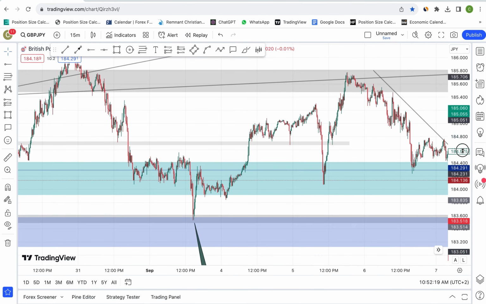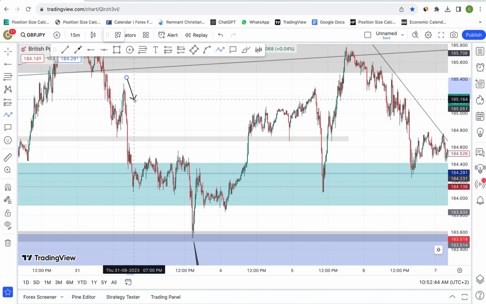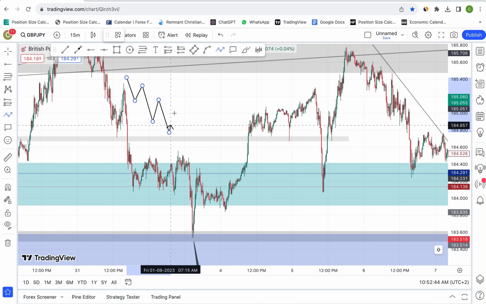On the 15-minute time frame, you can see that we have a pattern which I normally told you is what I trade. This is how I take my trade. When I see a trade going on a lower low and a lower high, a lower low and a lower high, yeah, this is the kind of trade I trade. Or something going like this.